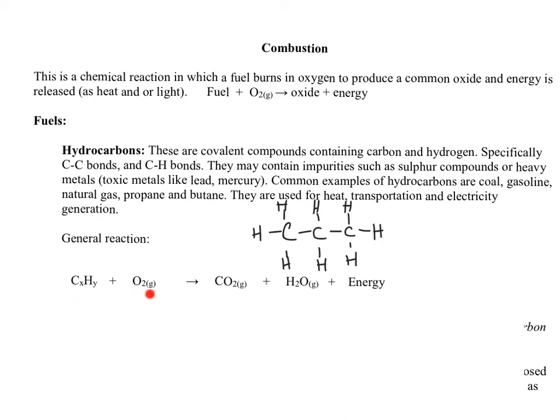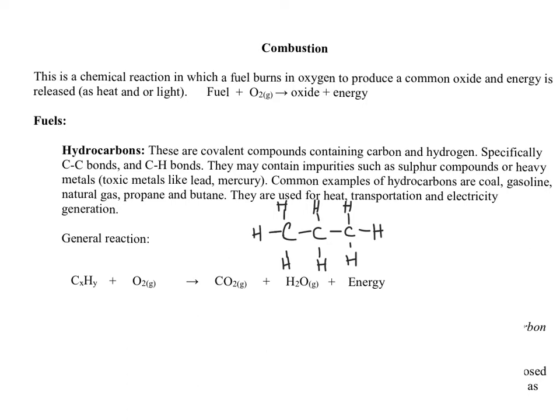Plus oxygen. You will always need oxygen for combustion. And you will produce carbon dioxide from the carbon. And you will produce water. Here it's water vapor from oxygen and hydrogen. And there is energy released. Because it's released, it's written on the product side.